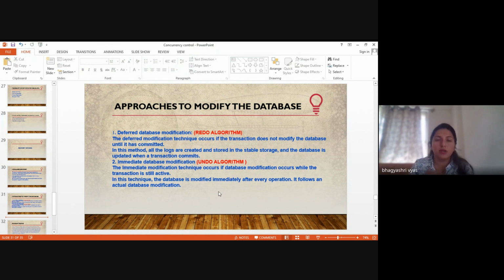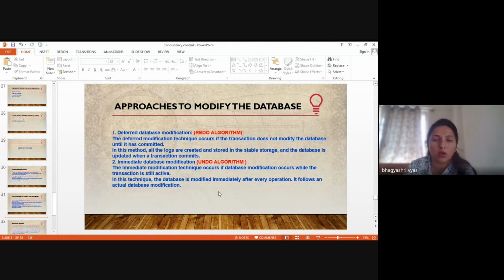The deferred modification technique occurs if the transaction does not modify the database until it has committed. In this method all logs are created and stored in stable storage, and the database is updated when the transaction commits.